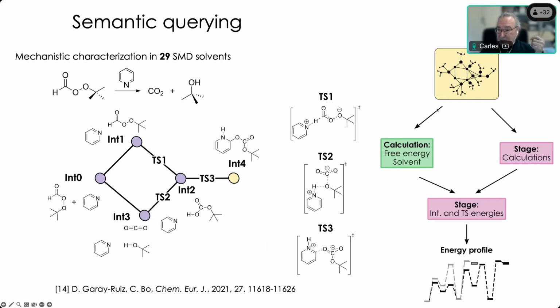And then by just selecting the single calculations and the different stages of the mechanism, we can recompute from the single energies the relative energies and the transition state energies and rebuild a reaction energy profile automatically.